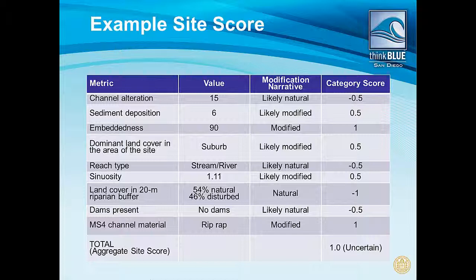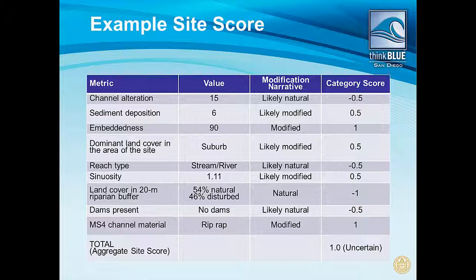So it's equal weighting here, as I said. That's something we probably want to look at a little further, whether they should be equally weighted. But for now, that's how we did it. So this whole site got a score of 1, which unfortunately means uncertain in our way of scoring this.